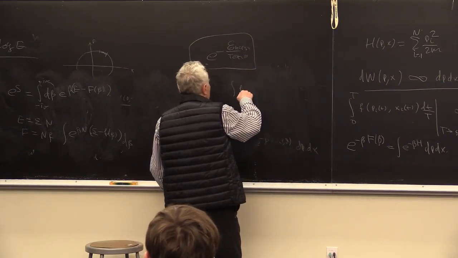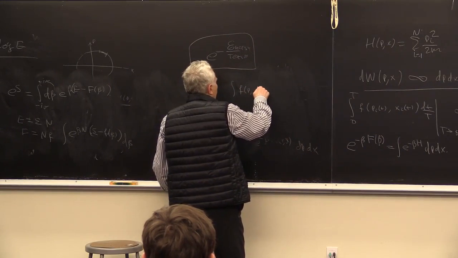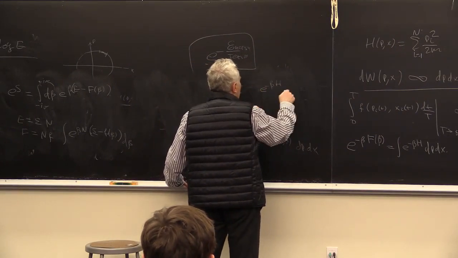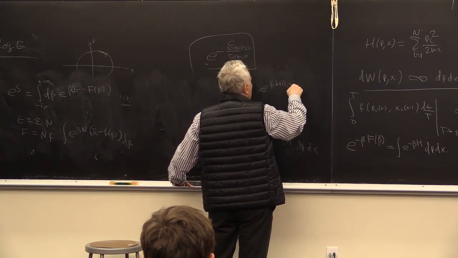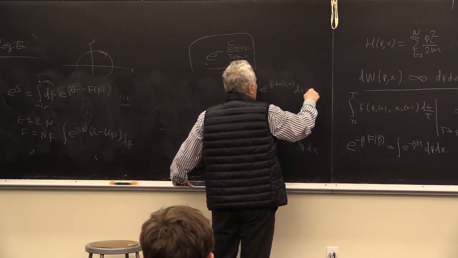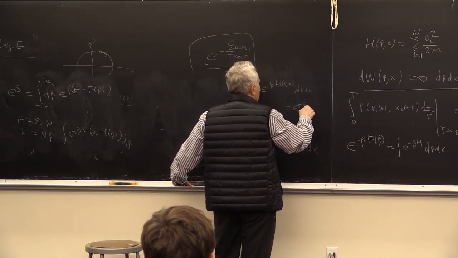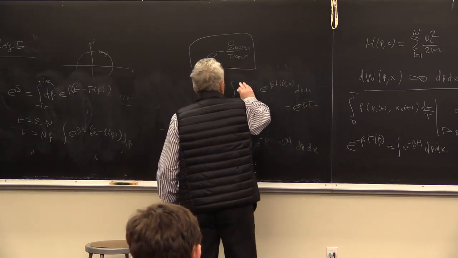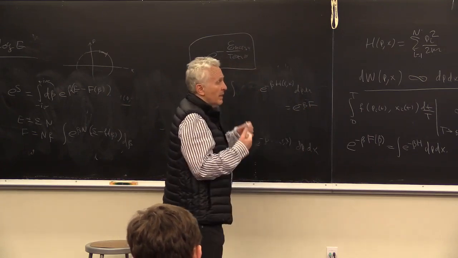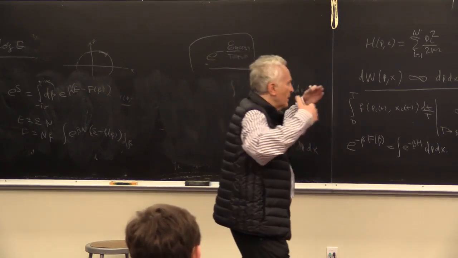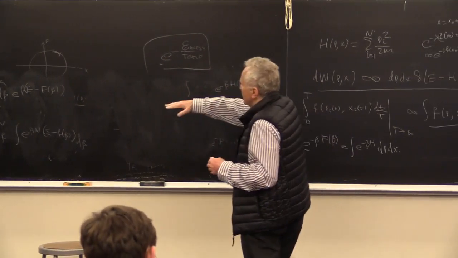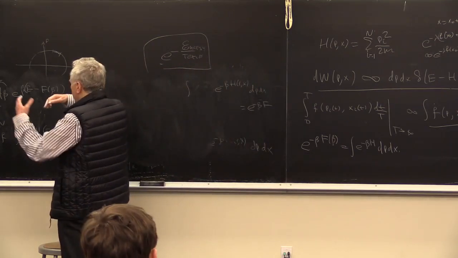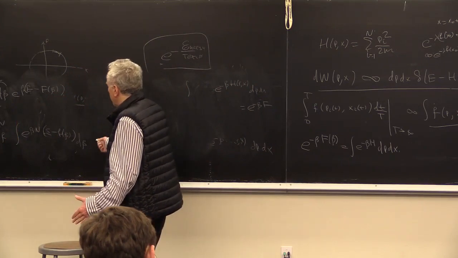So we now want to know what is e to the, well, we actually just said that we call this e to the minus beta f. F is called free energy because one reproduces thermodynamics. One identifies all these quantities with thermodynamical quantities, and they satisfy the same equations.